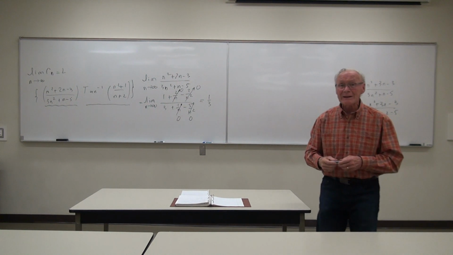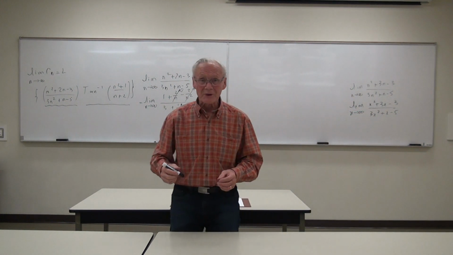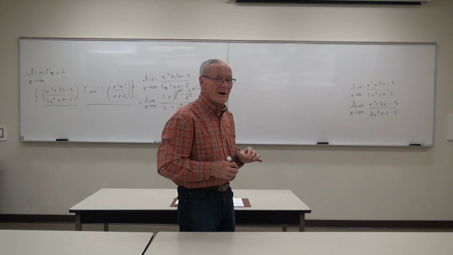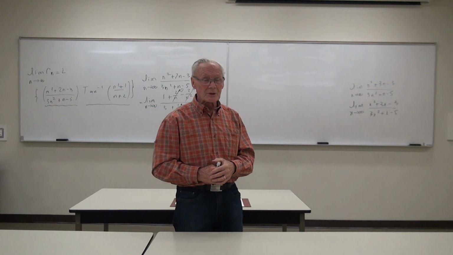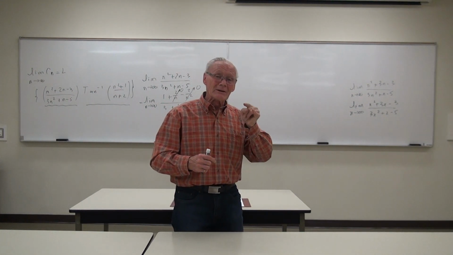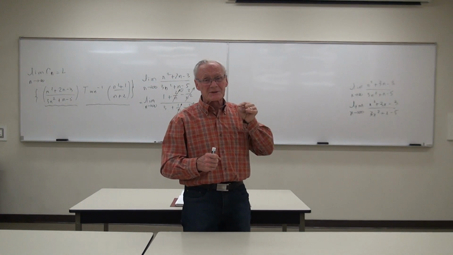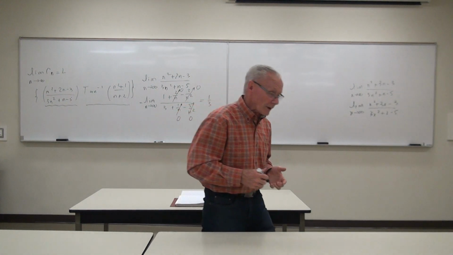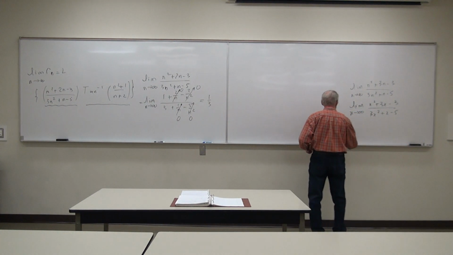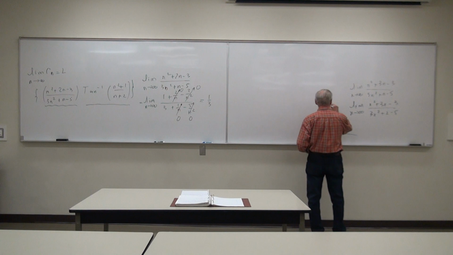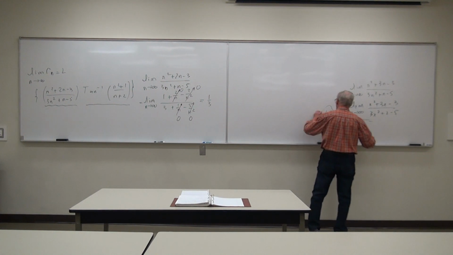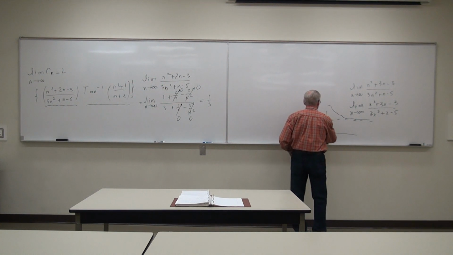The answer is yes. But then the question is, is the limit of the sequence going to be the same as the limit of the function? And the answer is yes. If the limit of the function exists, then the limit of the sequence will be exactly the same thing. Period. And the reason is the following. If you were to draw a graph of this function, suppose it looks like this, and suppose it were to approach 1/3.